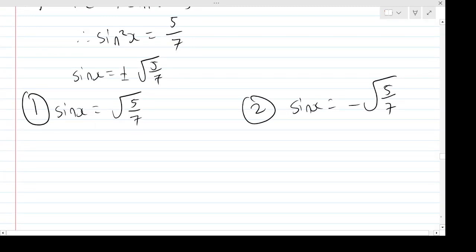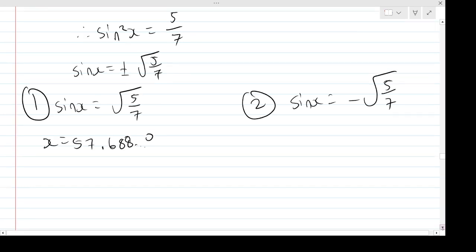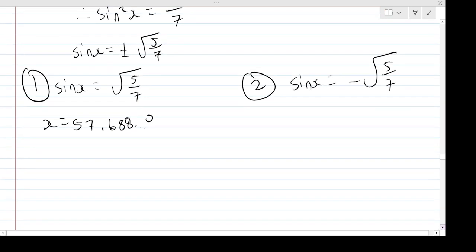If we do inverse sine of root 5 over 7, I get 57.688 degrees. That's what I get from the calculator.